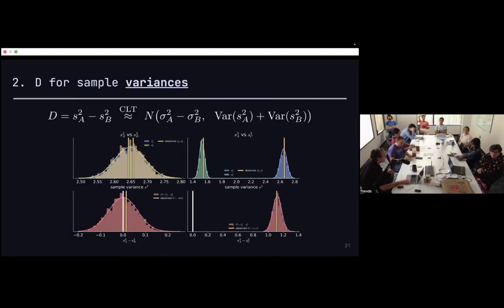So if you repeat this whole procedure again, you define D as a difference in sample variances instead of sample means. Then under the null hypothesis that states that sample variances should be the same, you can see where this sample D is relative to the null hypothesis.